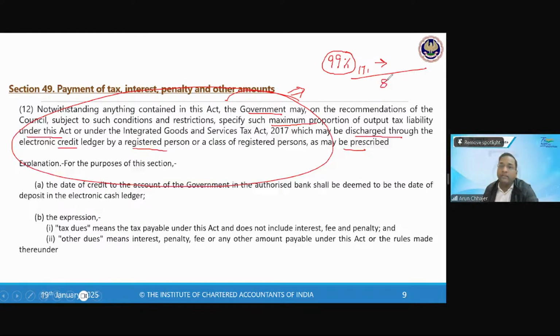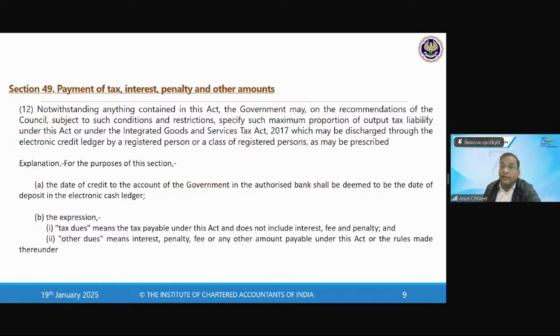We will discuss this in rule 88B, which talks about 86A, 86B, 88A, 88B. All the rules we will discuss. Not 88B, 88B is for interest, which talks about if you have a turnover of more than 50 lakhs.